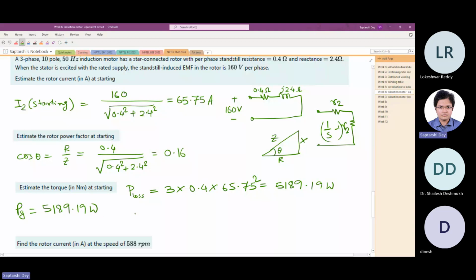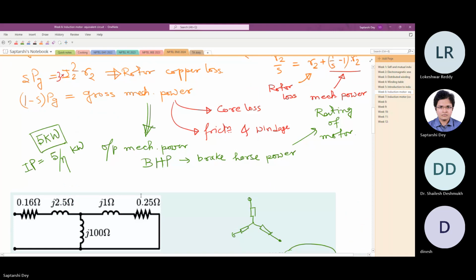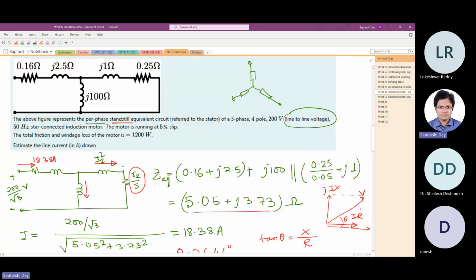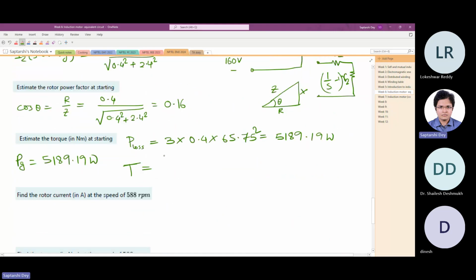Then how do we get the starting torque? Is it that from the gap power itself we can find the torque, sir? Torque is equal to the gap power divided by the omega. That is the synchronous speed we can consider. Yes, sir. So synchronous speed, it's 1500.